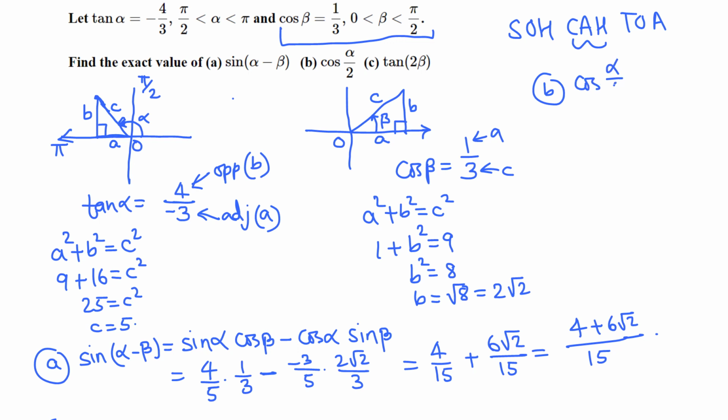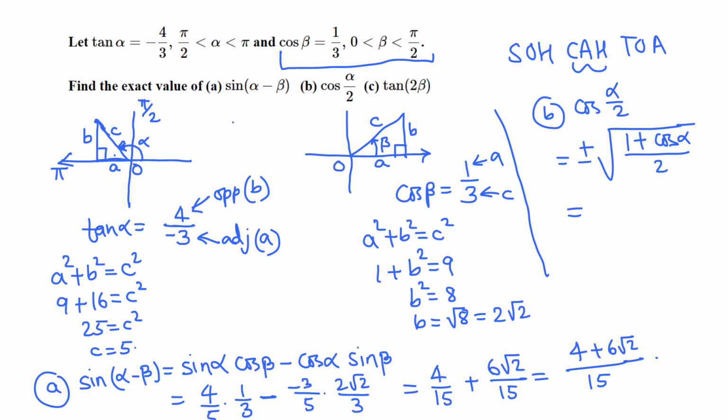So part B, cosine alpha over 2. Looking at the formula list, we get that cosine alpha over 2 is plus minus the square root of 1 plus cosine alpha, all over 2. Now we need to correctly choose plus or minus. Look at alpha. This alpha is in the second quadrant.